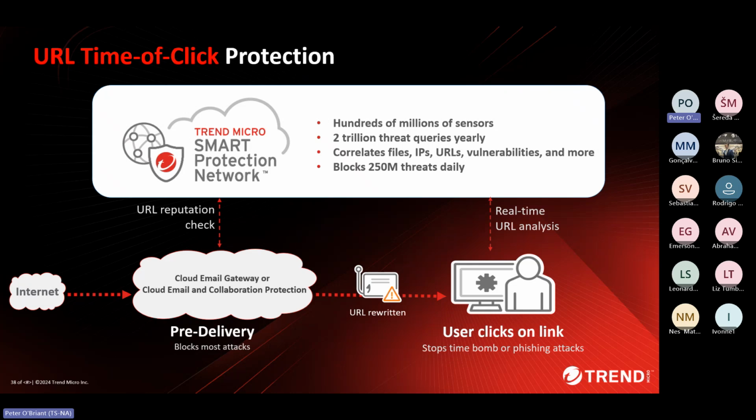To combat these types of attacks, you can enable the URL time of click protection within the policy. What this does is rewrite the URLs in the emails. When someone clicks, the link is checked again for safety in real time before they reach the destination. So it prevents that. When they click on it, it'll redirect to a Trend Micro web proxy, and that URL will be checked again in real time.